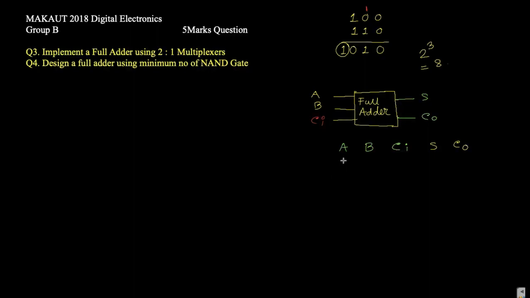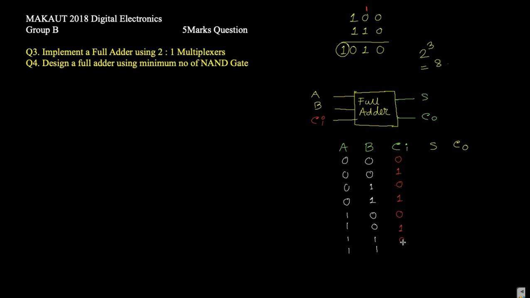It means if you write the inputs, then it becomes 0 0 0 0 1 1 1 1, then again 0 0 1 1, again 0 0 1 1, and in the third, the carry input, it becomes 0 1 0 1 0 1 0 1.